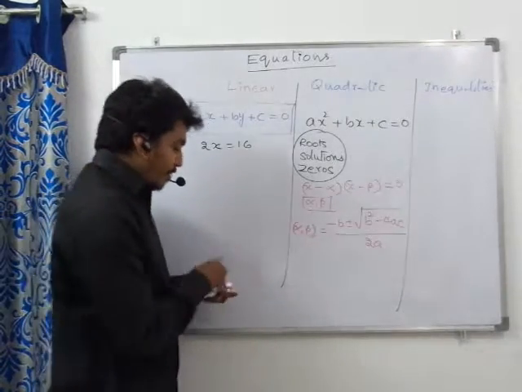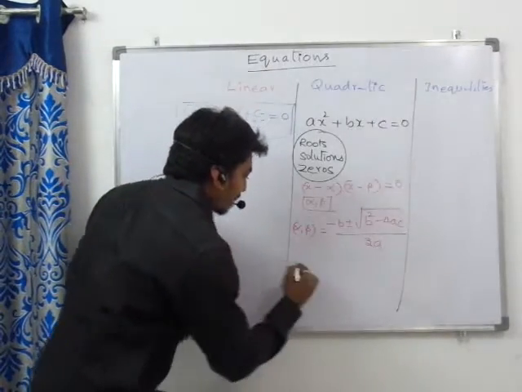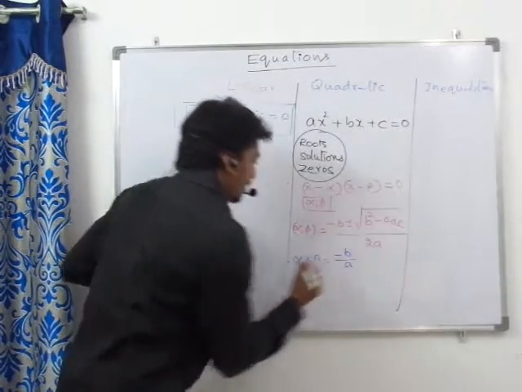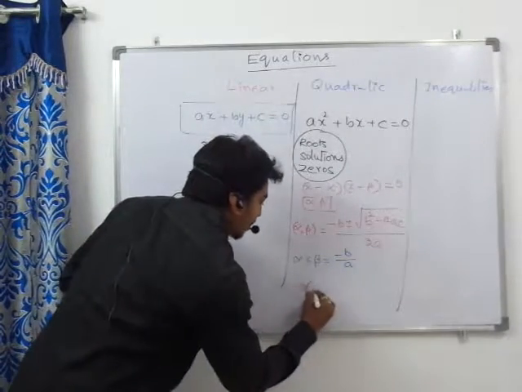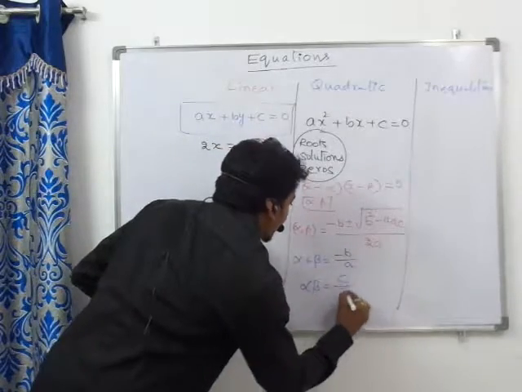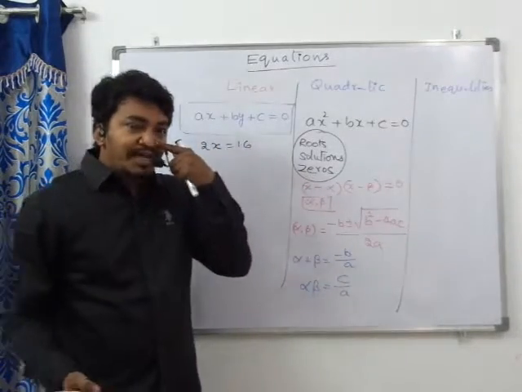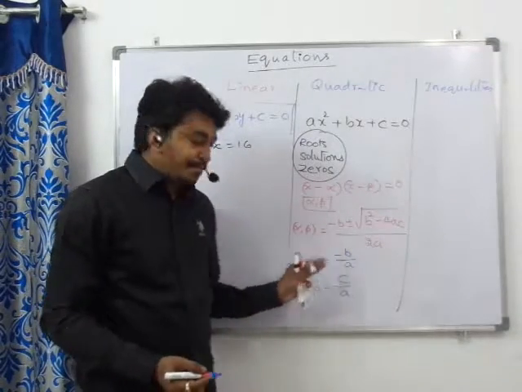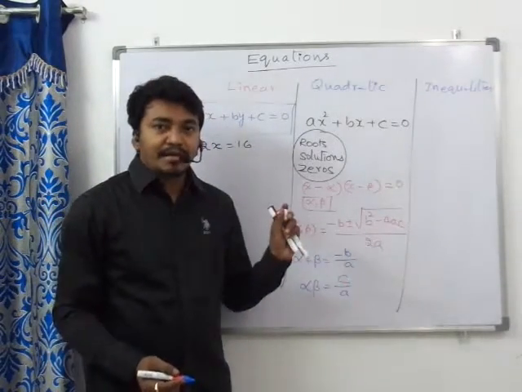The sum of the roots, alpha plus beta, is minus b by a, and the product of the roots is c by a. Most frequently we use these two terms.